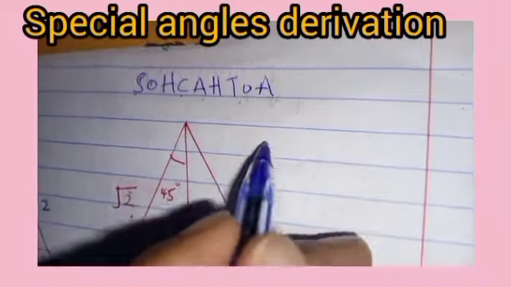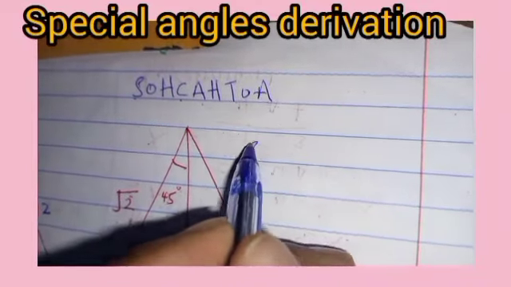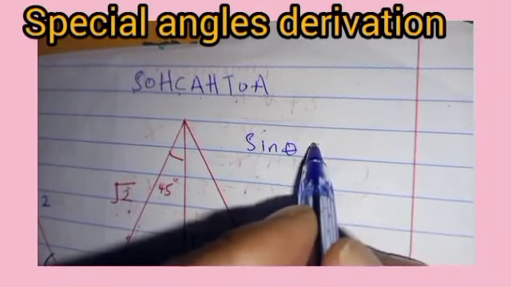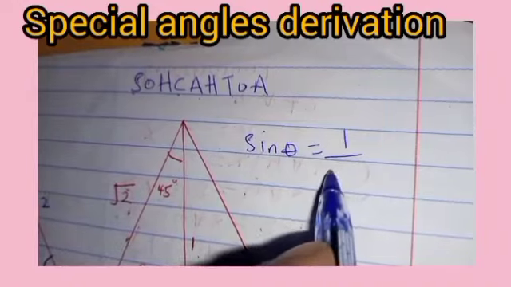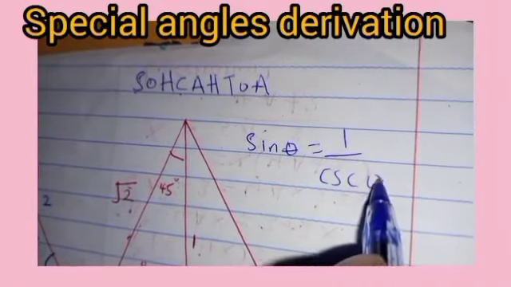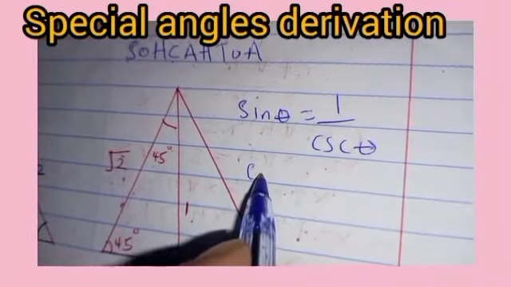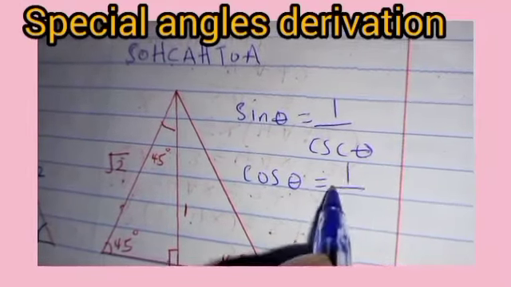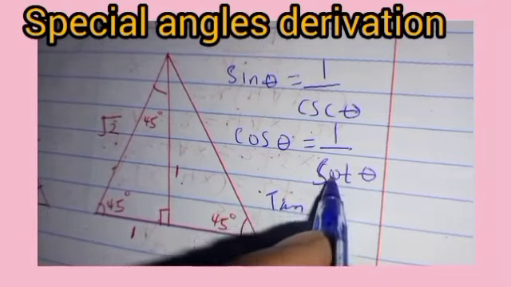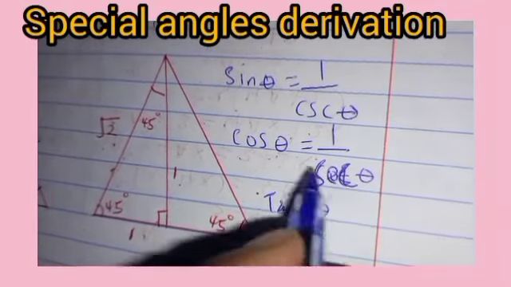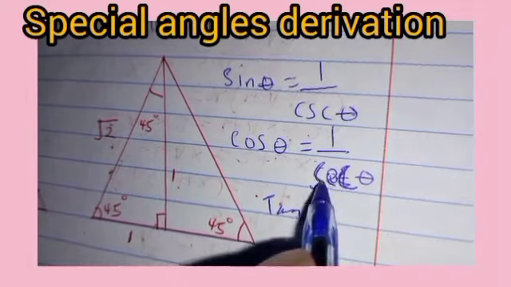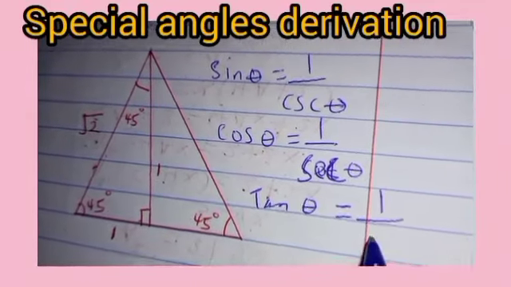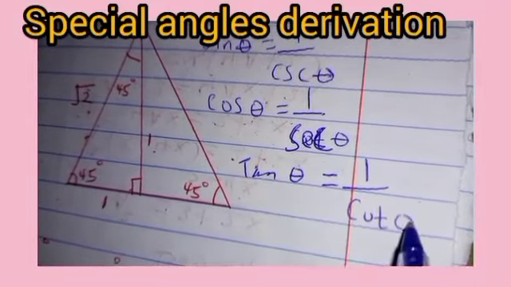Then you also remember this fact that sine theta is the same as 1 over cosec theta, the reciprocal. Then cos theta is the same as 1 over sec theta, and tan theta is the same as 1 over cot theta.